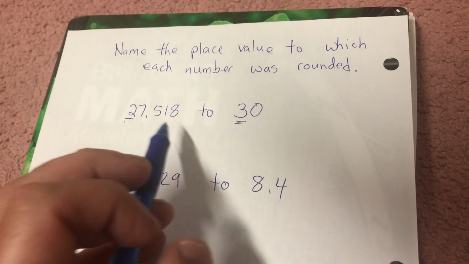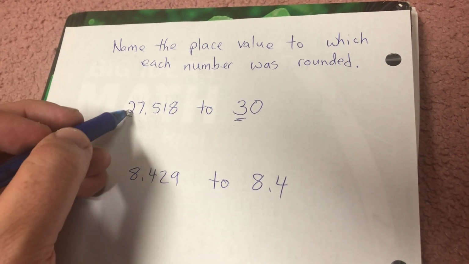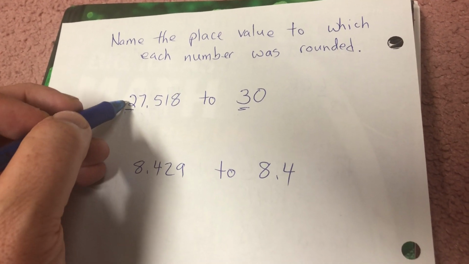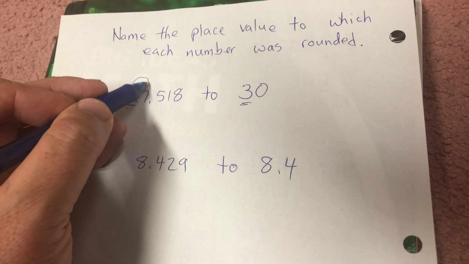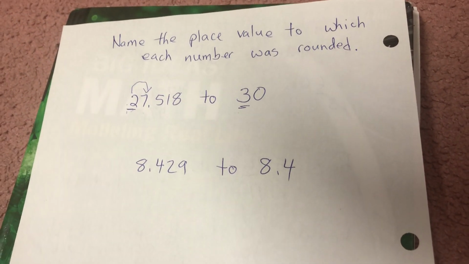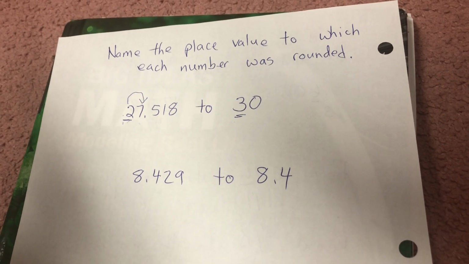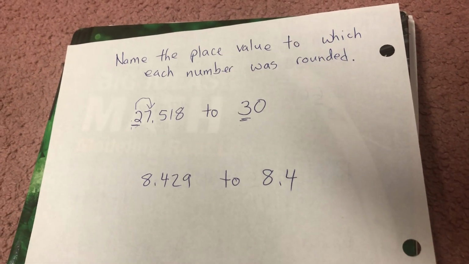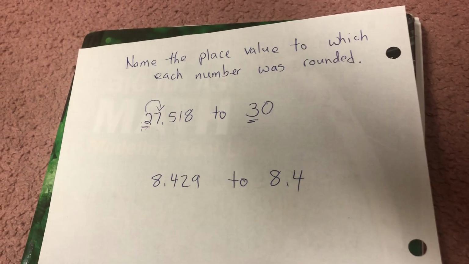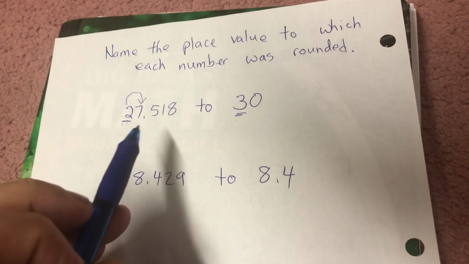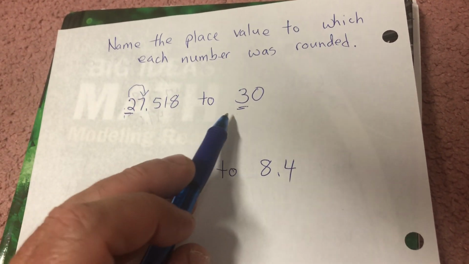And so they're different. And sure enough, if I was rounding to the tens place with this 2, I would look at the 7. And the 7 would tell me to round up, because 5 and higher would round up, which means that my 2 would become a 3.